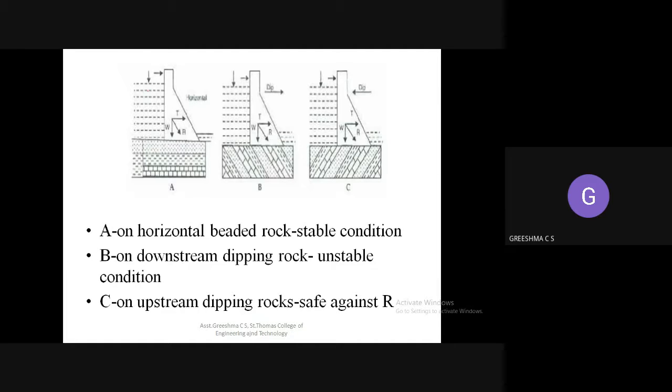This is a rock strata, the foundation. This is the dam which is constructed, and this dotted line is water. In this picture A indicates the bedded rock strata.